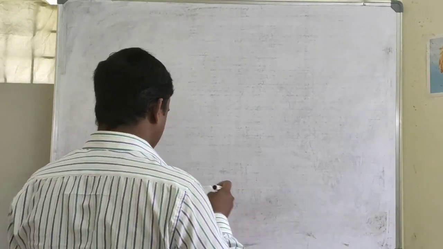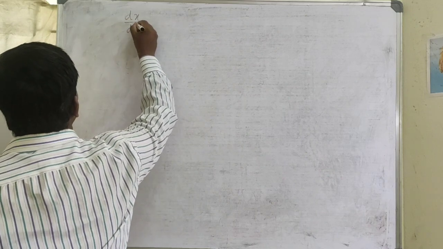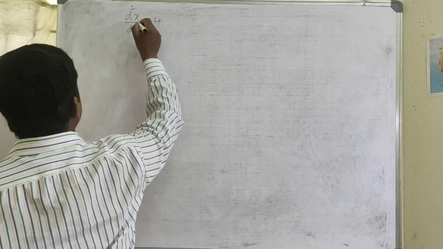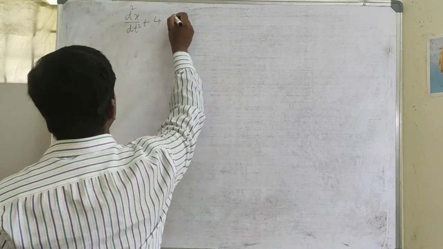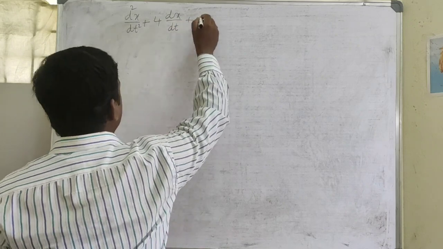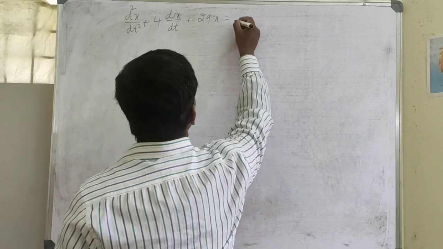Solve the initial value problem: d square x by dt square plus 4 into dx by dt plus 29x equal to 0.